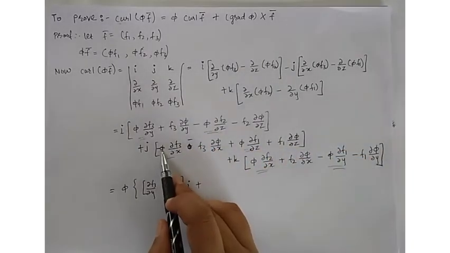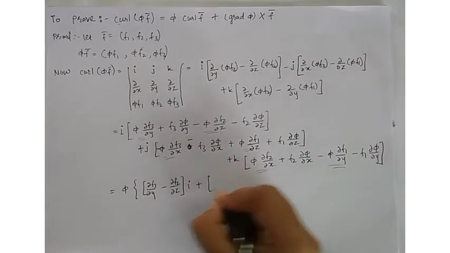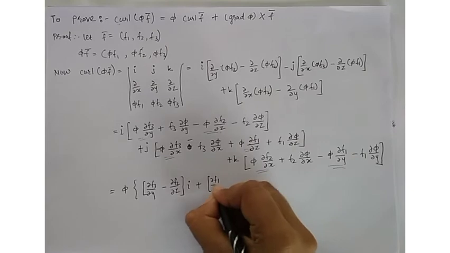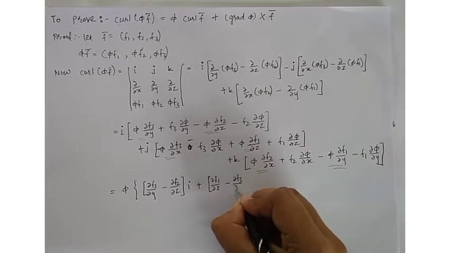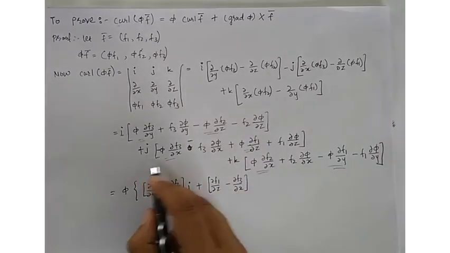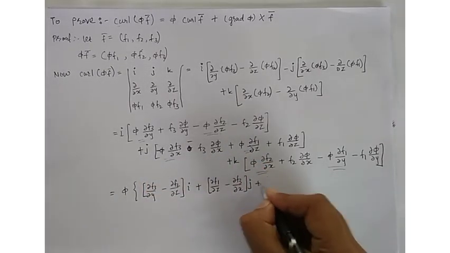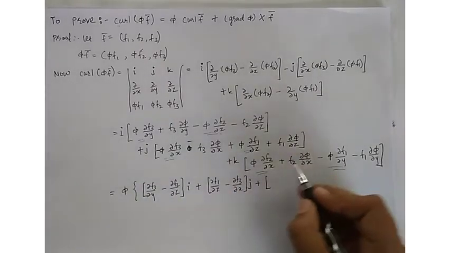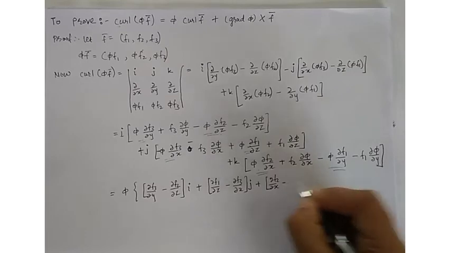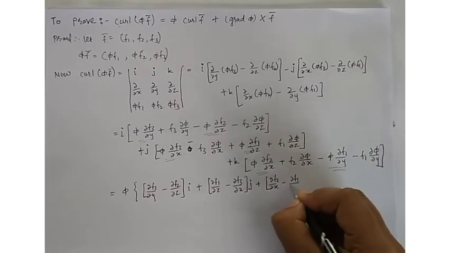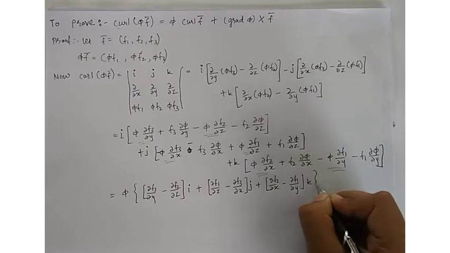So here I take φ common. First I write this term, that is del f1 by del z minus del f3 by del x, taking j common. The last one is plus φ, del f2 by del x minus del f1 by del y, taking k common.